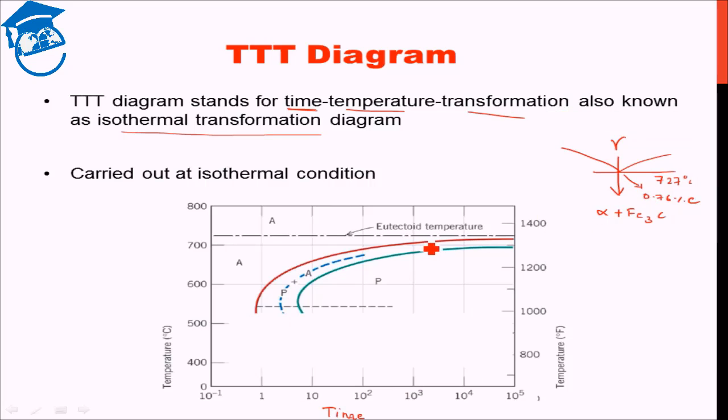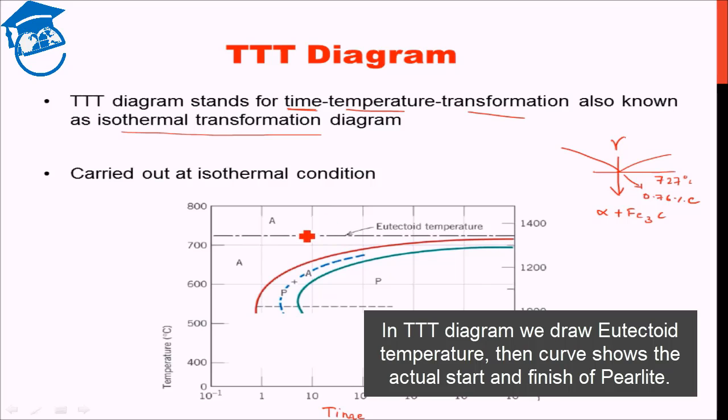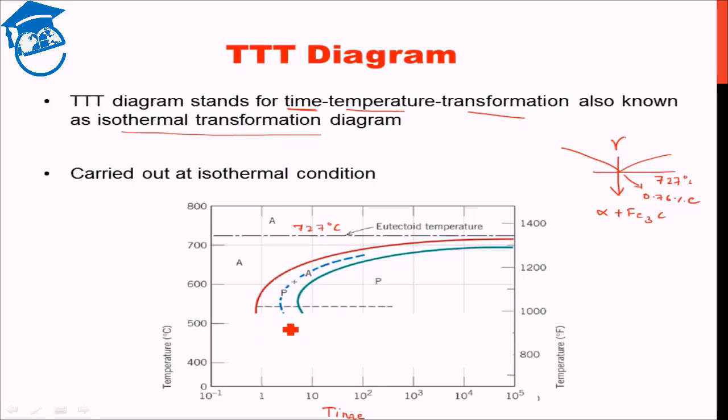But in the TTT diagram what we do is draw the eutectoid temperature, which is 727 degrees Celsius, and then these curves show the actual start and finish of pearlite. This is the pearlite start curve, and this is the pearlite finish curve.